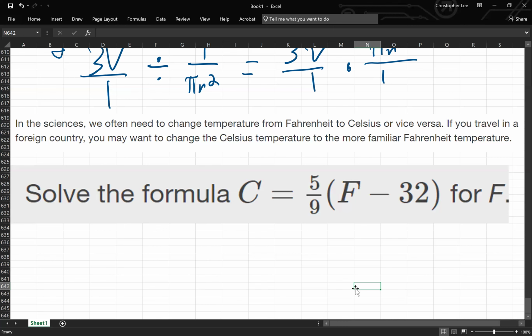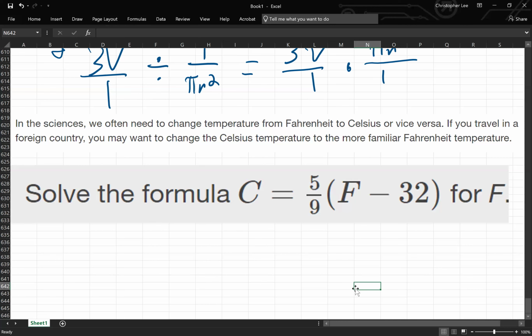We want to solve this for F exact same way as we did the last one. But we'll simplify first, right? Okay.